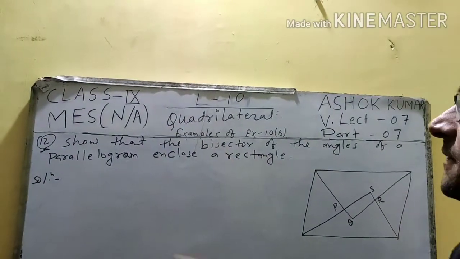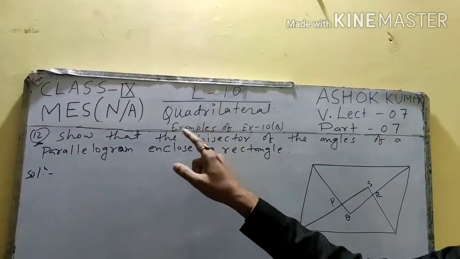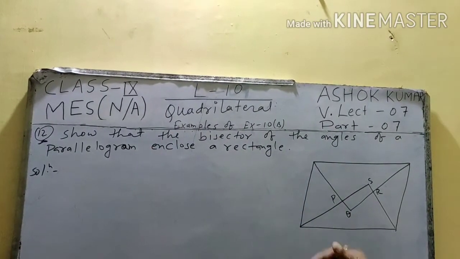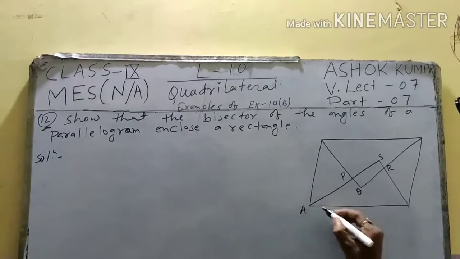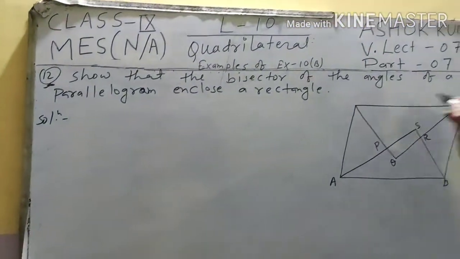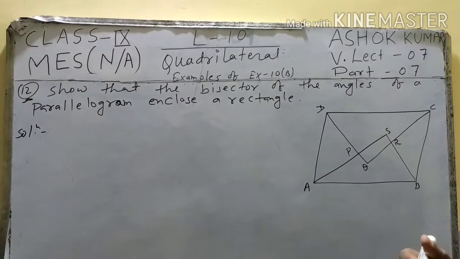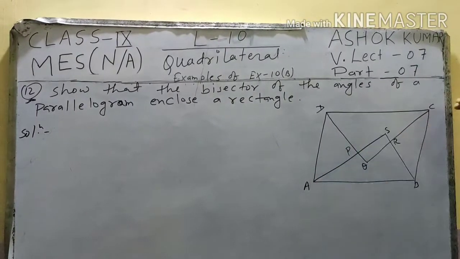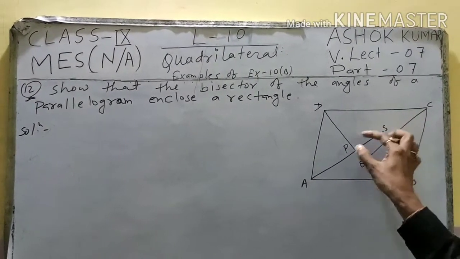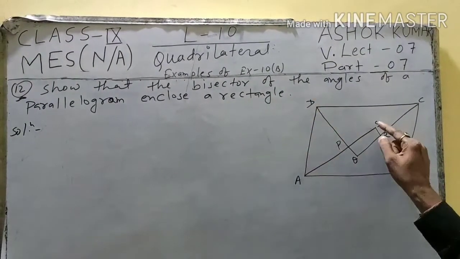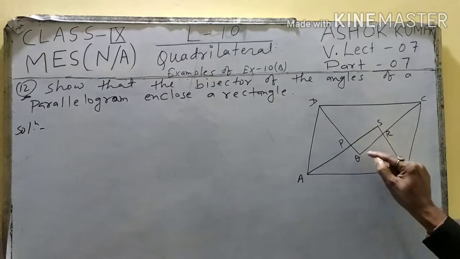Question number 12 is: show that the bisectors of the angles of a parallelogram enclose a rectangle. Suppose ABCD is the parallelogram, and the bisector of every angle encloses this figure, which is the form of a rectangle.